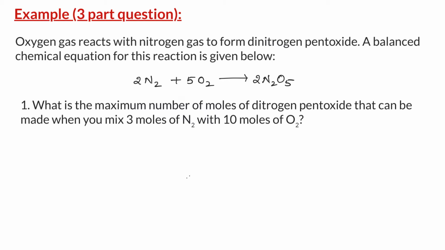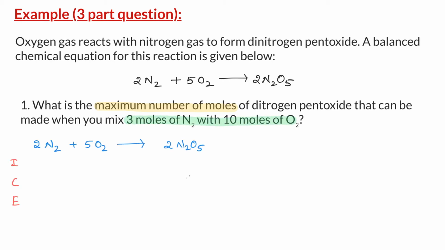The question is asking us to calculate the maximum amount of product that can be made. That means we need to calculate the theoretical yield, which can be calculated based on stoichiometry. Now, this is a limiting reactant type problem because both the starting materials are given.